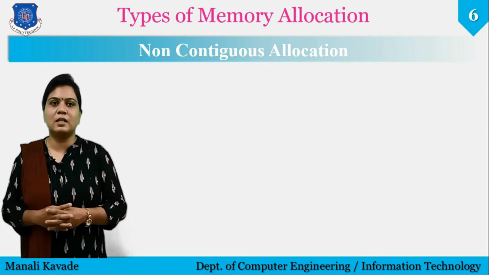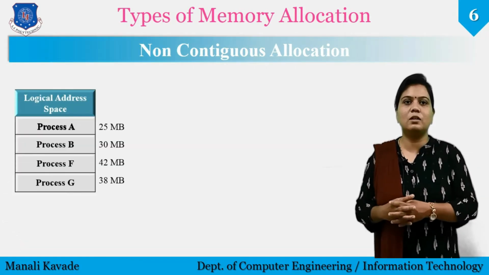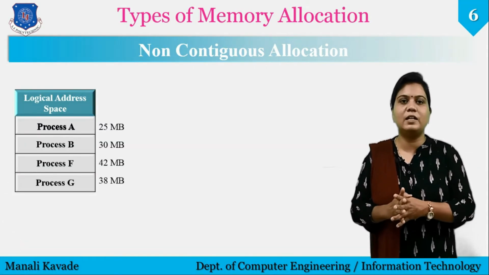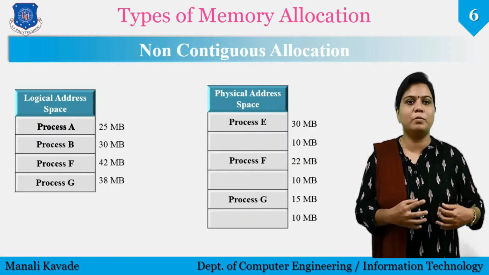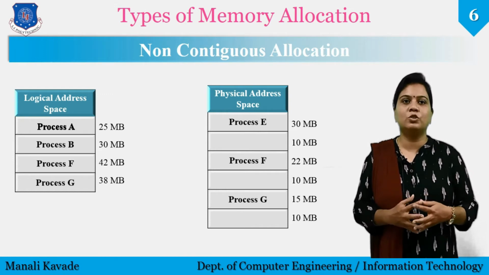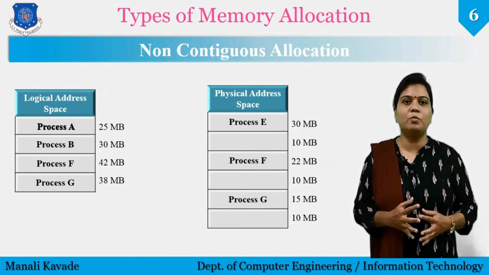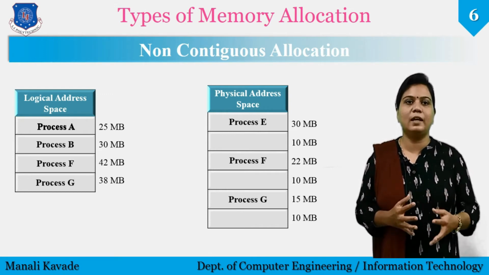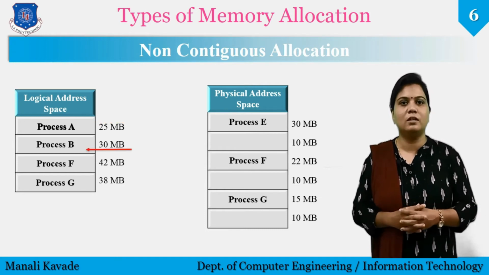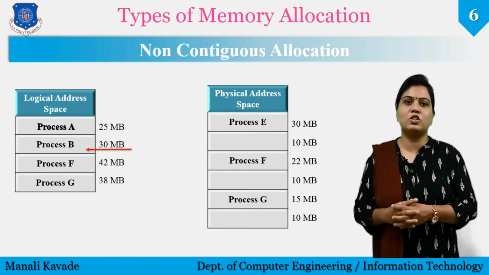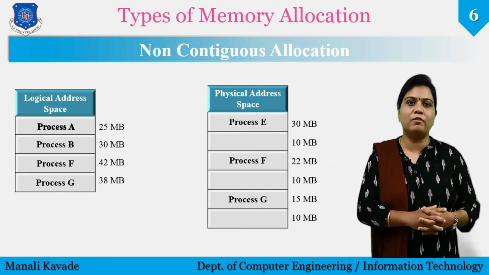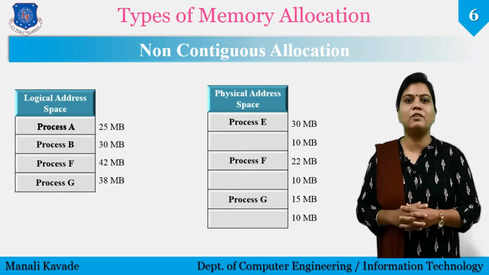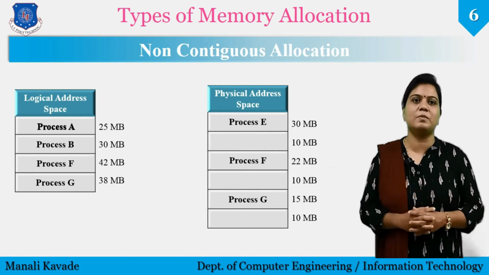Let's take an example. Our logical address space is divided into partitions and physical address space is also divided into partitions. So there are two processes named process A and process B, which are present in logical address space, and they need 25 MB and 35 MB of space on physical address space.